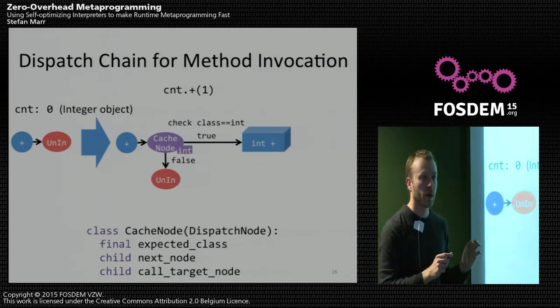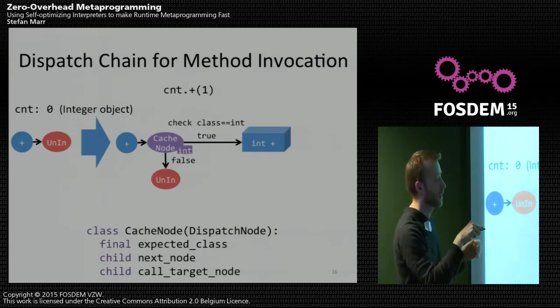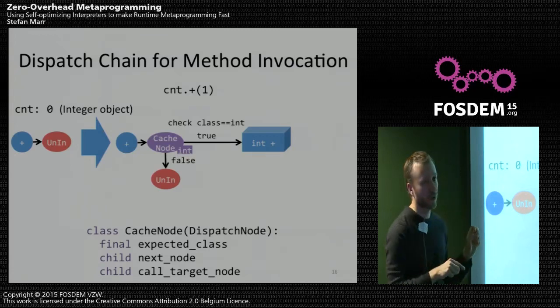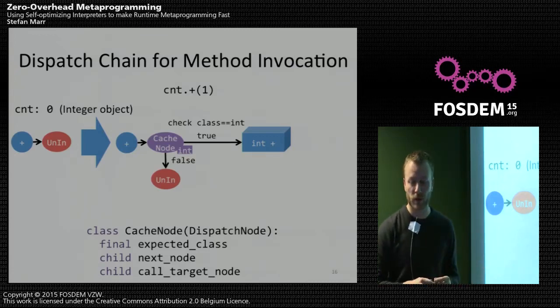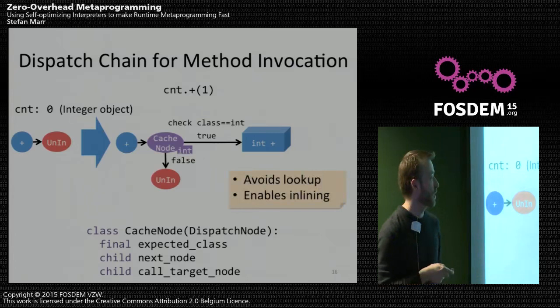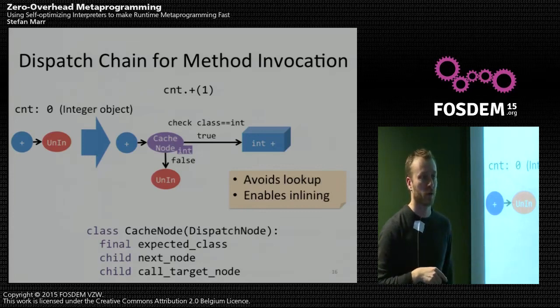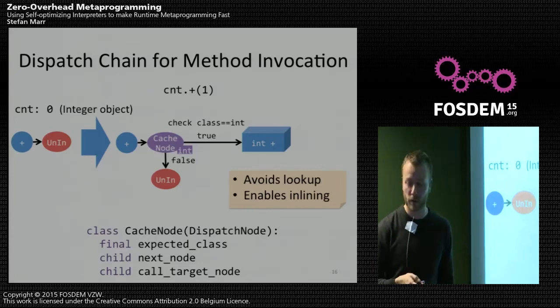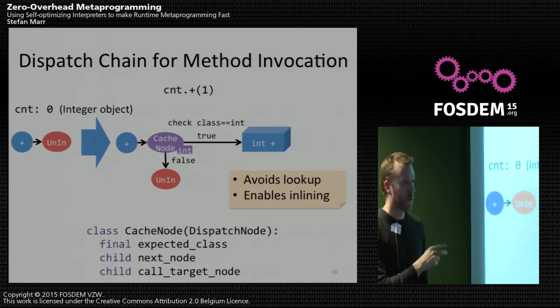That's the general idea, and when you now apply a compiler to it, that compiler can speculate, okay, I actually see what we call a monomorphic send, so only one kind of receiver has ever been observed, and then it can completely inline that plus operator and do the plus operation directly in your method. So the benefit here is that even in the interpreter, it avoids the extra lookup, and it enables inlining and further optimizations by just-in-time compilers. So that's the basic idea.